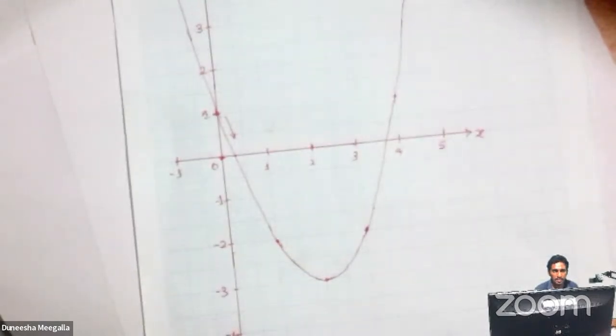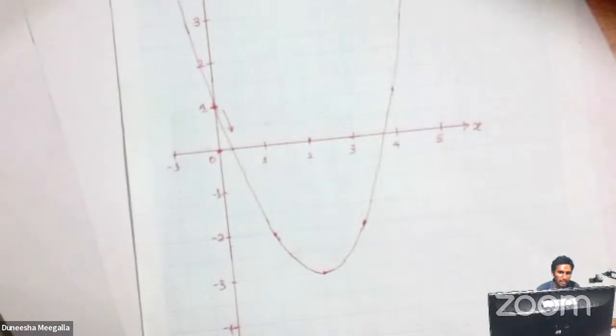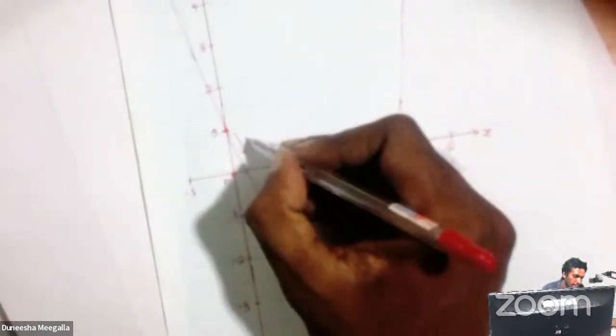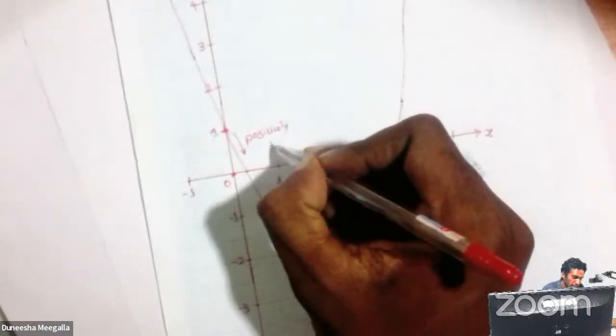Positively increasing or decreasing? Decreasing. Yes. So y is positively decreasing.